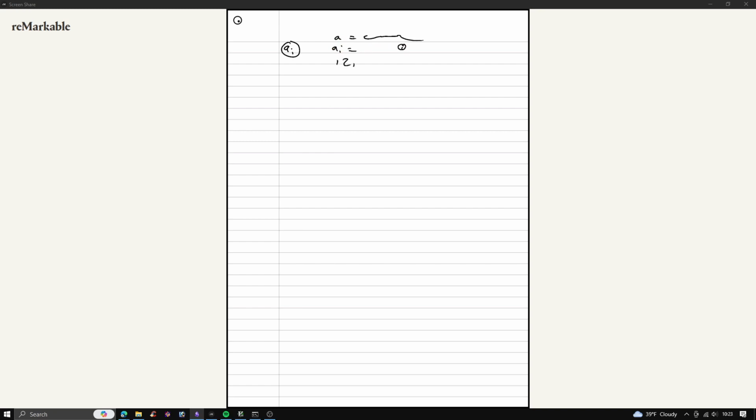So in the sequence 1, 2, 3, 4, assuming that a to the 0 equals 1, right now we're indexing from 0. I think that indexing from 1 is more common, so that's a good thing to keep in mind. But since we're indexing from 0 here, a3 is going to be 4. Okay?